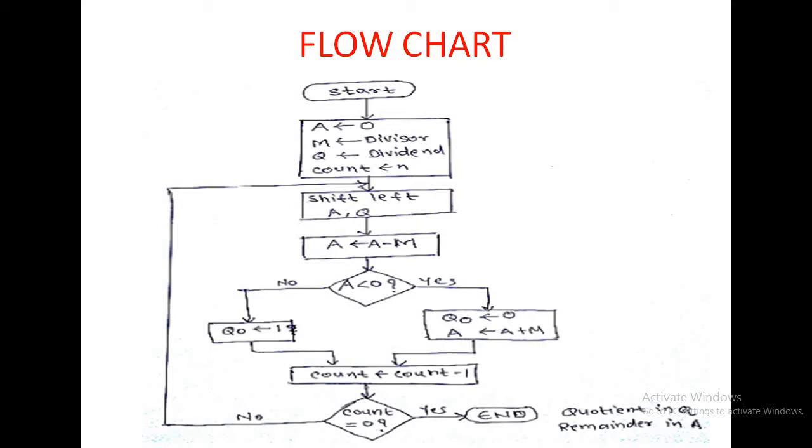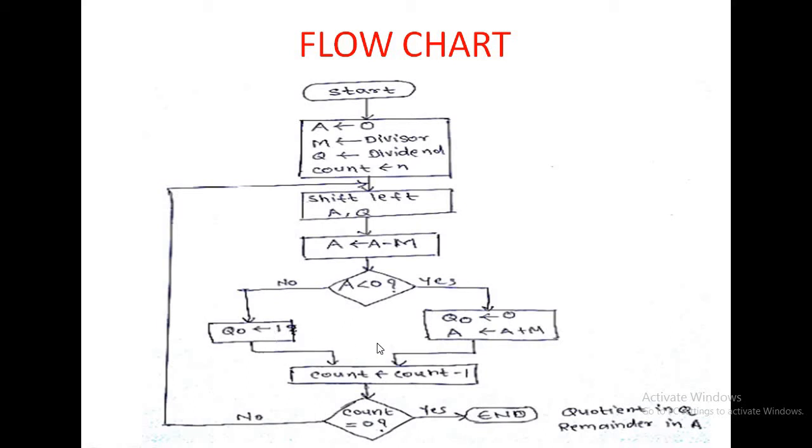If the sign bit is 0, the value is positive. So A less than 0 means the sign bit of A is 1, then the Q0 value is 0 and perform A = A + M. If the sign bit of A is 0, that means the number is positive, then the Q0 value is 1.